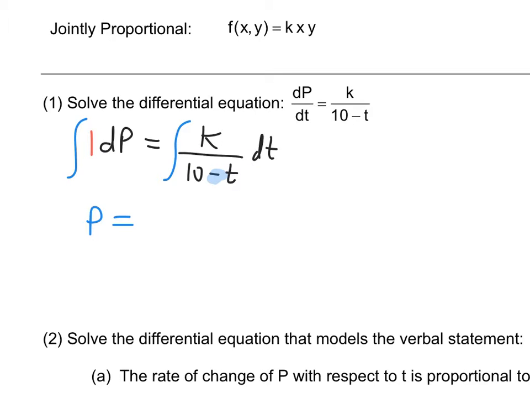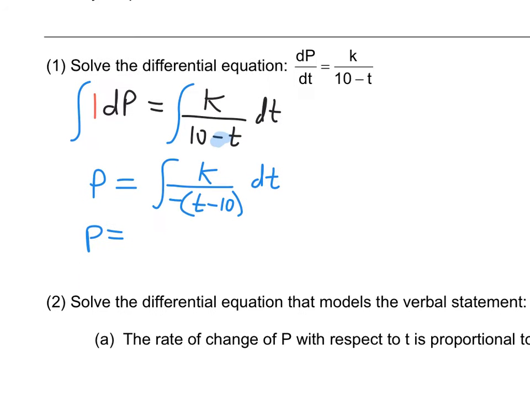All right. So I'm going to write that as k over negative t minus 10 dt. And then I'm going to factor that negative and the k out.